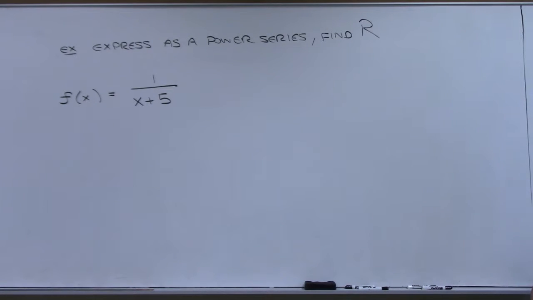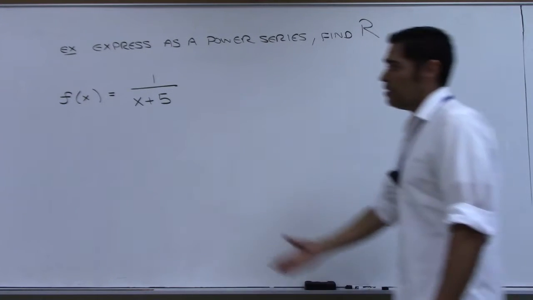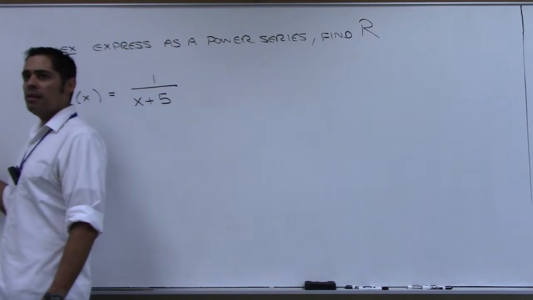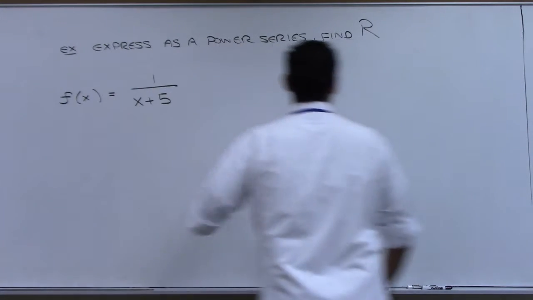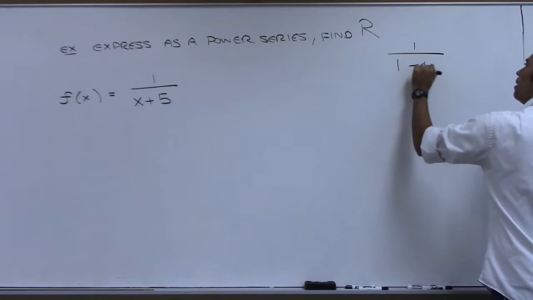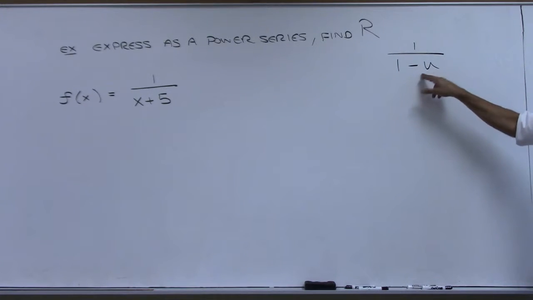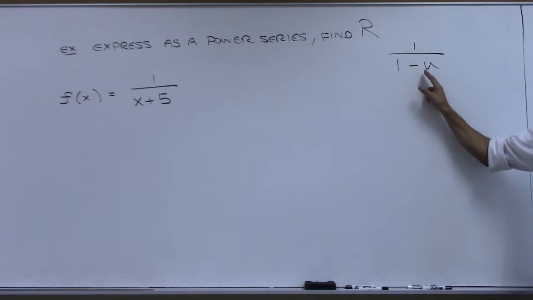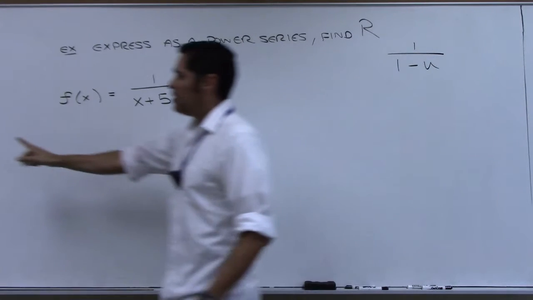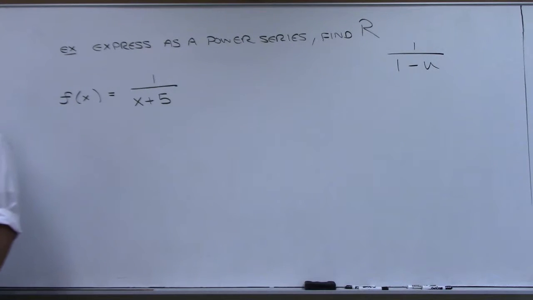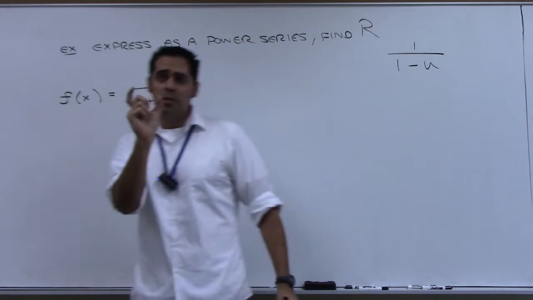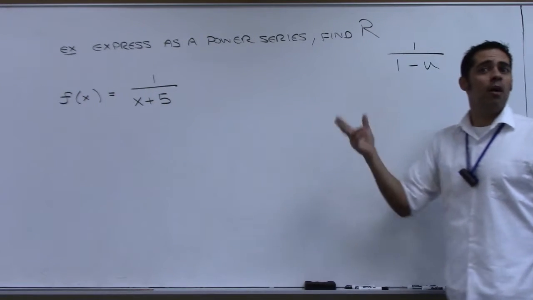So can I express it as a power series? This is the only thing I've got right here. This is the only thing that I know. Anytime I see this expression, it can be rewritten as this power series, as long as the absolute value of u is less than 1.